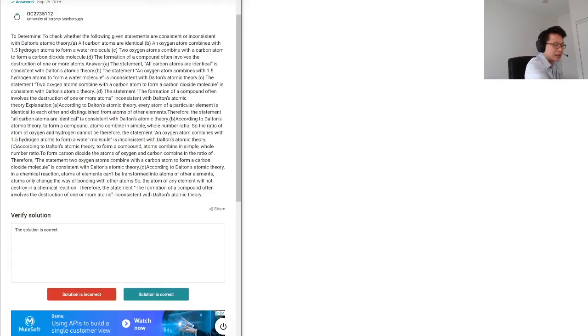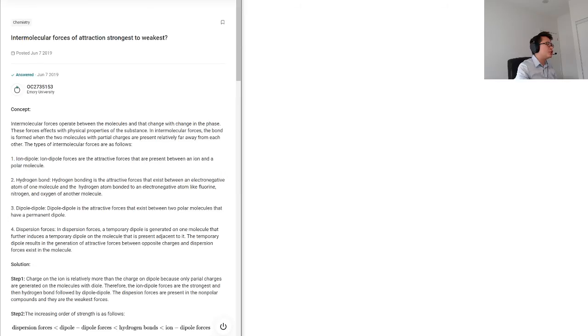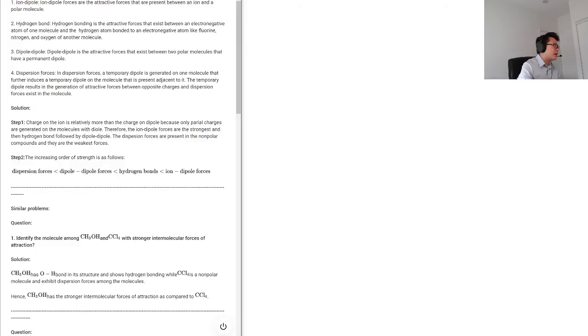Okay, so we can keep going. We are going to rearrange intermolecular forces of attraction from the strongest to the weakest.